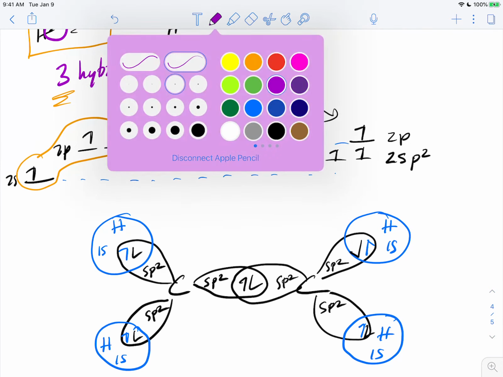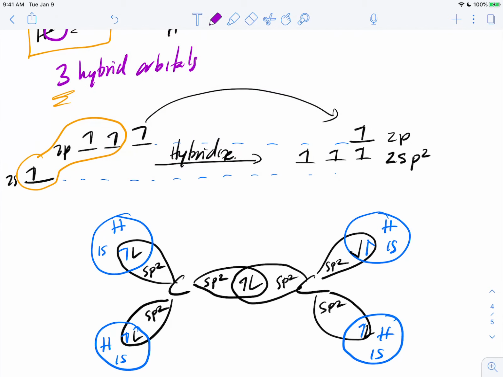that the types of bonds we have, any bonds that form along the internuclear axis, which means if I can draw a line between 2 nuclei, so 2 carbons, a hydrogen, this is what we call an internuclear axis.